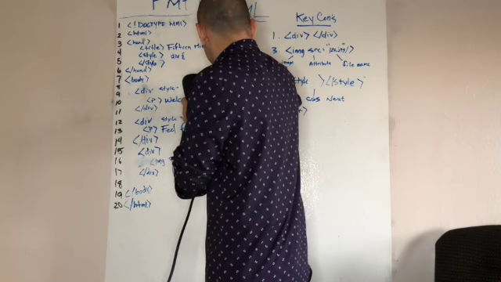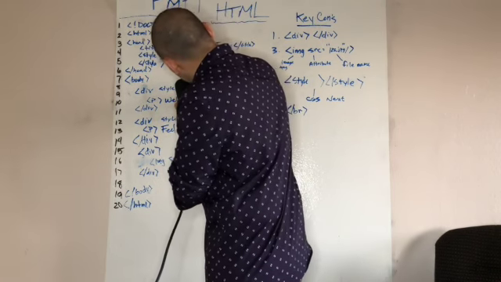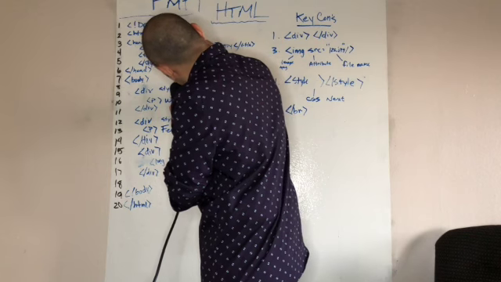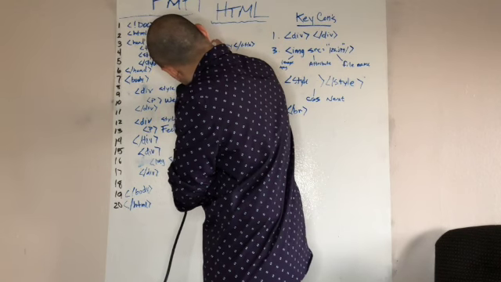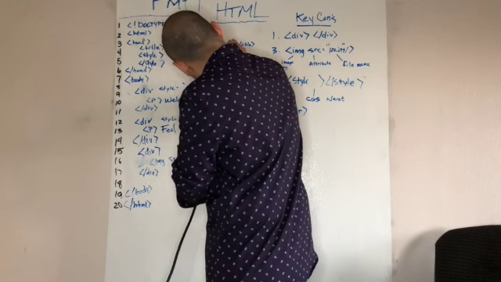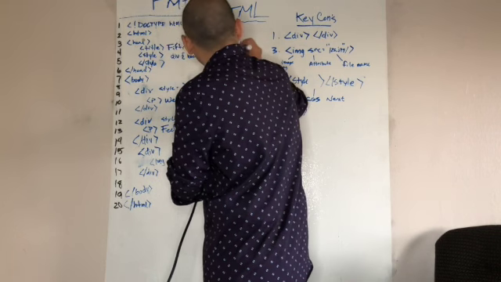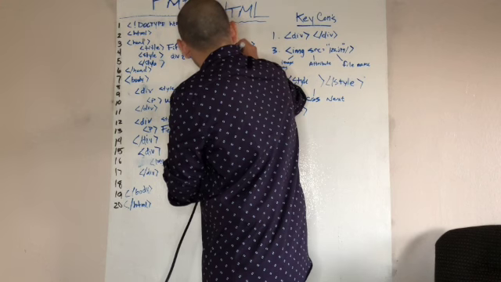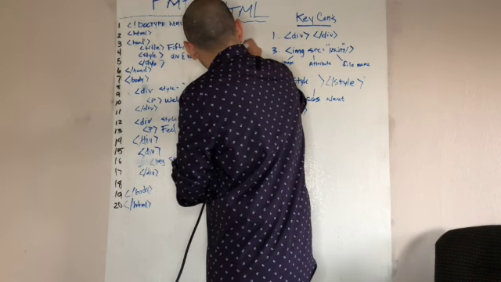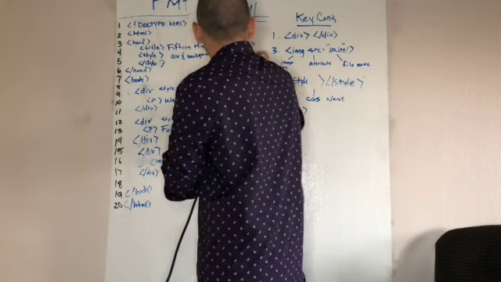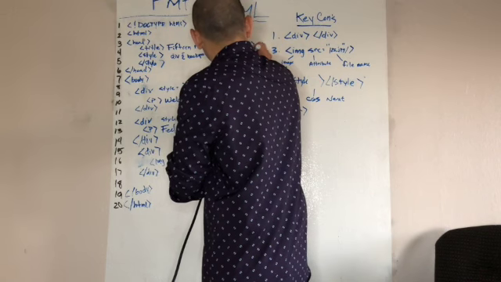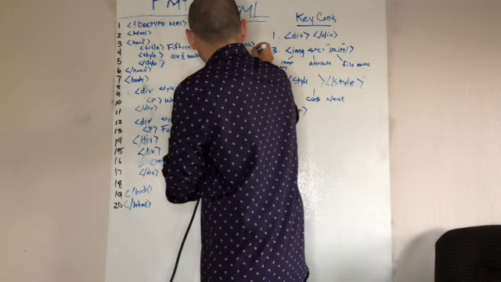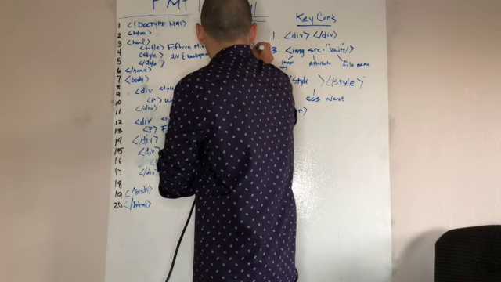I want background color. Yellow. Colon. And then close bracket.